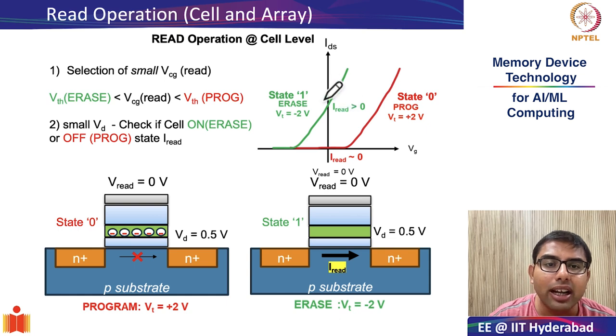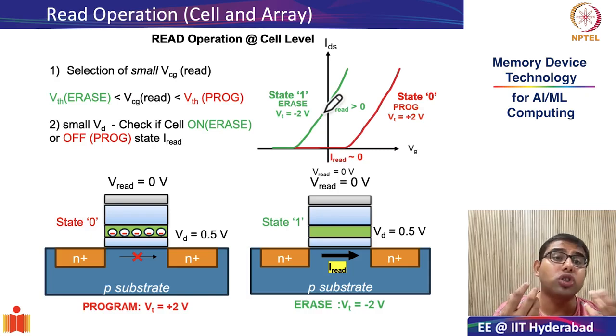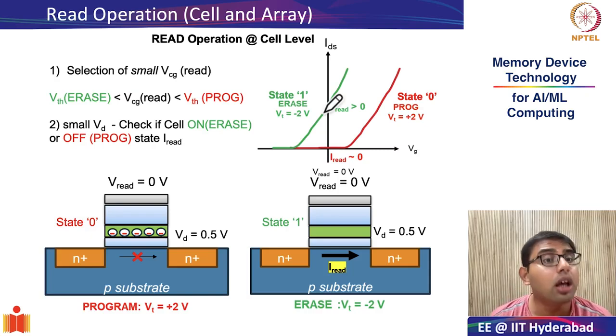This is the read current that you will effectively measure. So this is the very simple mechanism of a read operation at the cell level. You select a small control gate bias, which is in between the threshold voltages of the erase and program states. Then you apply a small drain bias to check whether the transistor is on. If it is on, it is in the erase state. If it is off, it is in the program state.